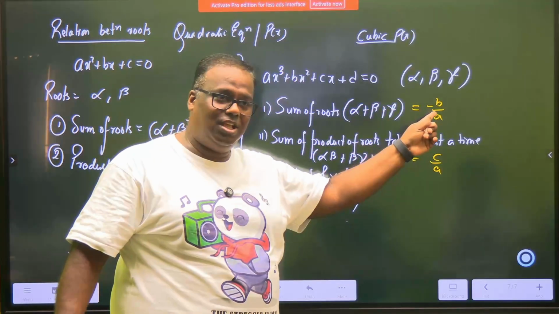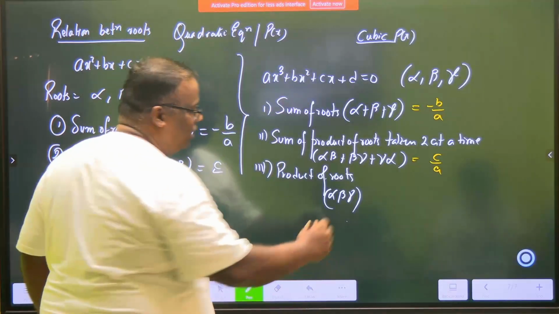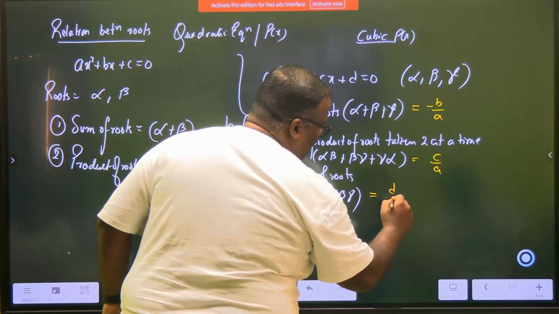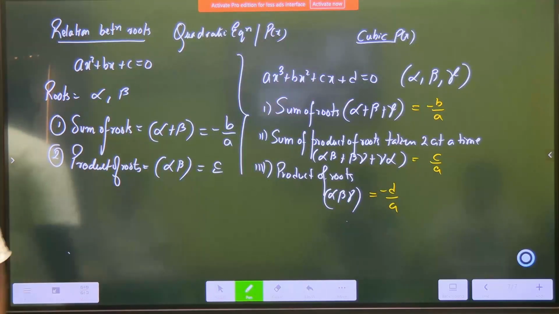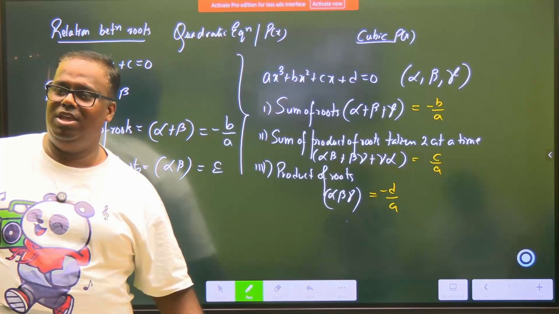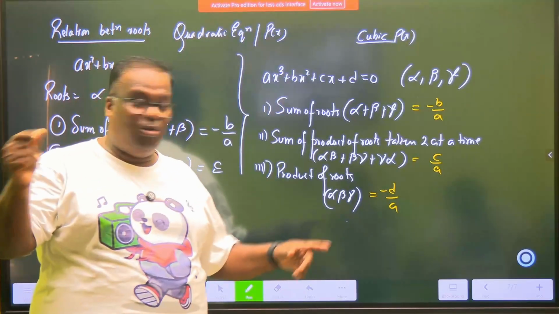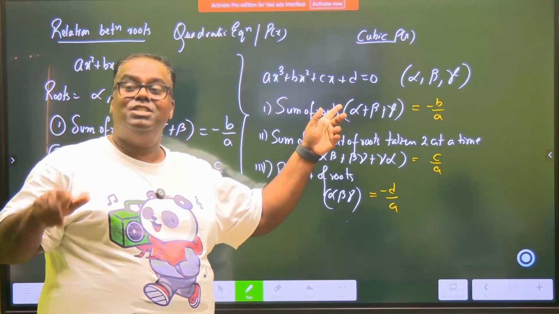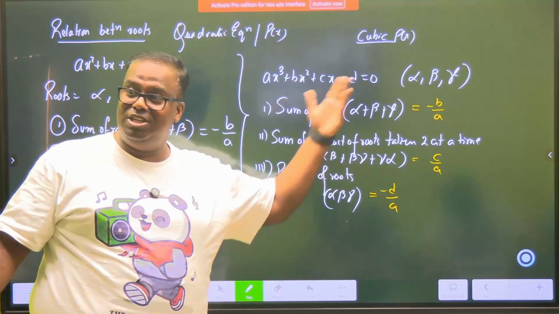Earlier it had minus, here there won't be minus. The next is what? After c, what do you have? d. d by a, but the minus will again reappear. So this is how you do it. Minus b by a, c by a, minus d by a. That means if it was 4 roots, then it would be minus b by a, c by a, minus d by a, e by a, which will come in grade 11.